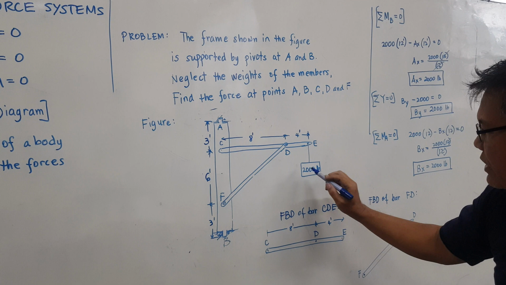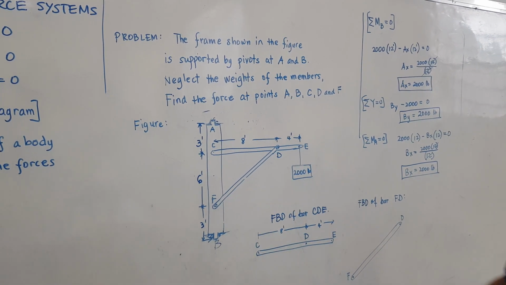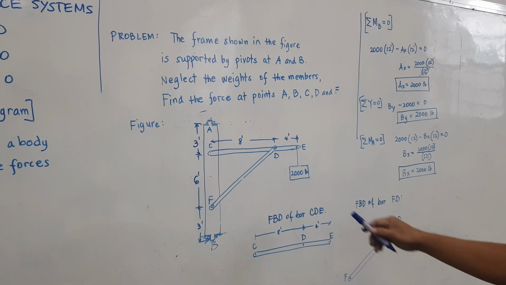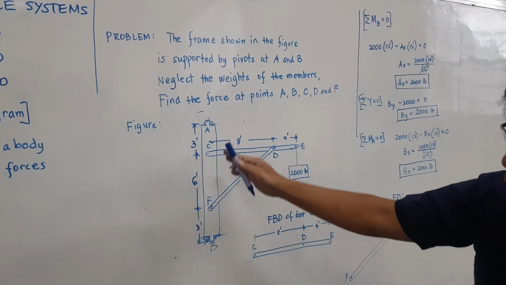And you observe that there is only one load of 2,000 pounds. So this 2,000 pounds will be supported by the whole frame.